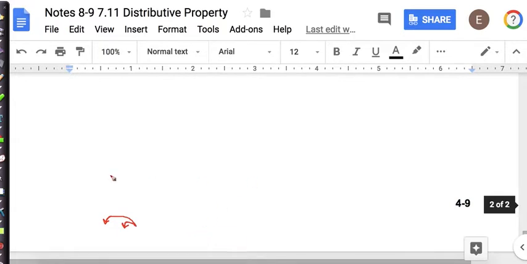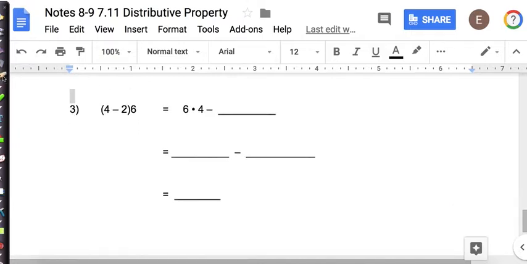It's already gotten distributed to the 4 here. So now we've got to make sure we distribute it to the 2. So let me go back to what we had here. Okay, so now we distribute it to the 2, so 6 times 2. What is 6 times 4? 24. And 6 times 2 is 12. And 24 minus 12 is 12.